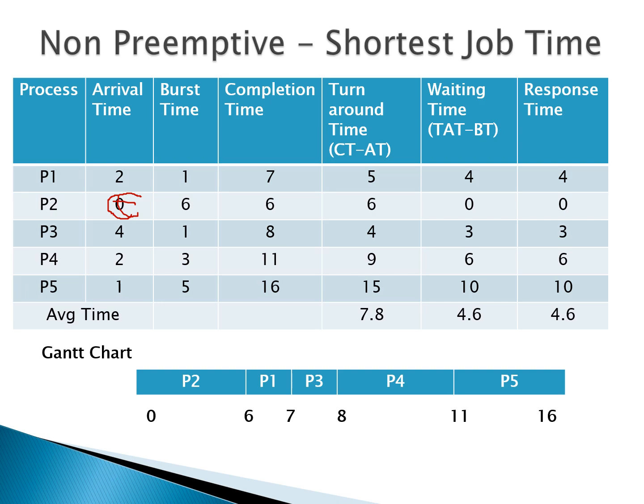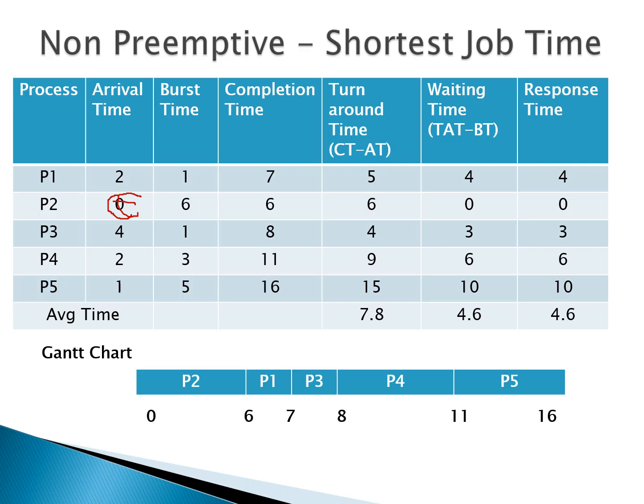In that there are two least burst times, 1 and 1. P1 has the least, and P3 also has the same least burst time. So during that time, we have to go with the first come first serve methodology.